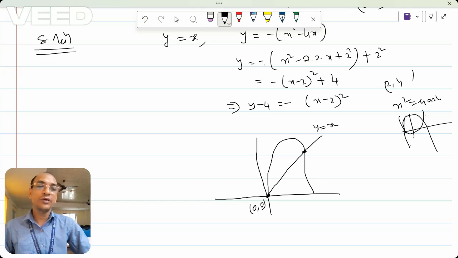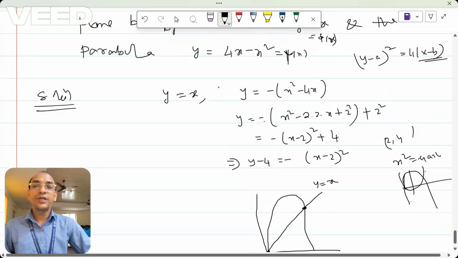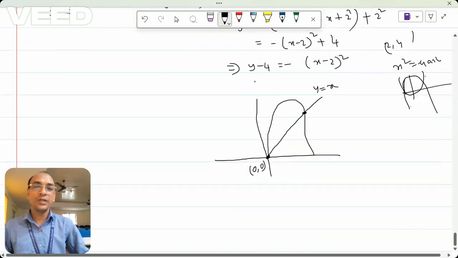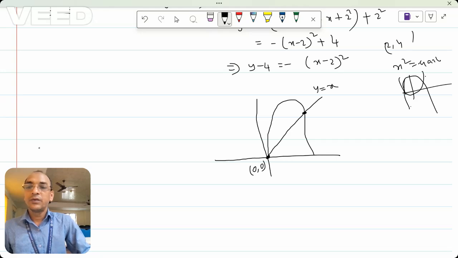So this is the intersection of y equal to x and the other curve. So we will put in this expression y equal to x. So y equal to x means what we will get here is x equal to 4x minus x square.